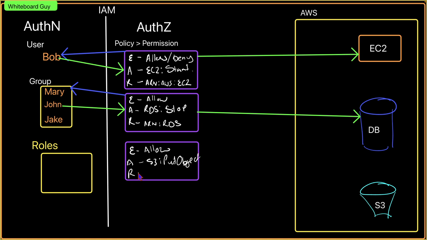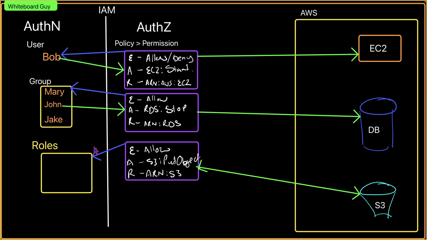And then the R is the actual resource, and this is the ARN of that specific S3 bucket that we want. Now, what we've done is we've allowed access via this policy. What we do with the policy is we assign it now to the role.